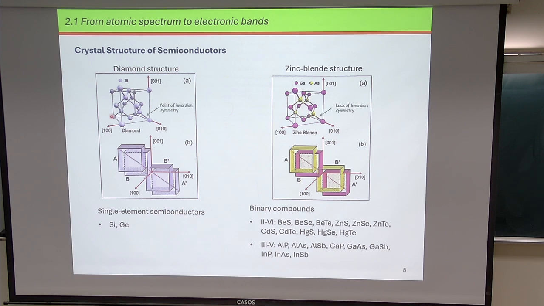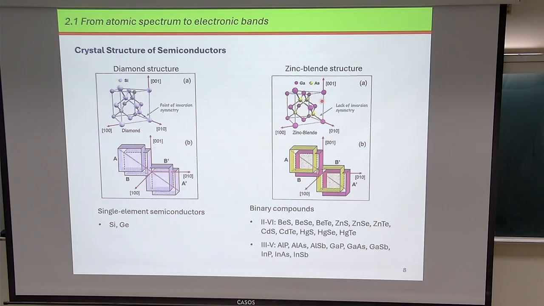You look at the atoms here, some of the atoms will form this lattice A, and some of the other atoms will form this lattice B. And then when you extend them periodically, you will go on the other side, you will have this B prime and A prime. But all of them are equal, because you have silicon atoms, so you can actually invert one into the other. So you have inversion symmetry in these materials.